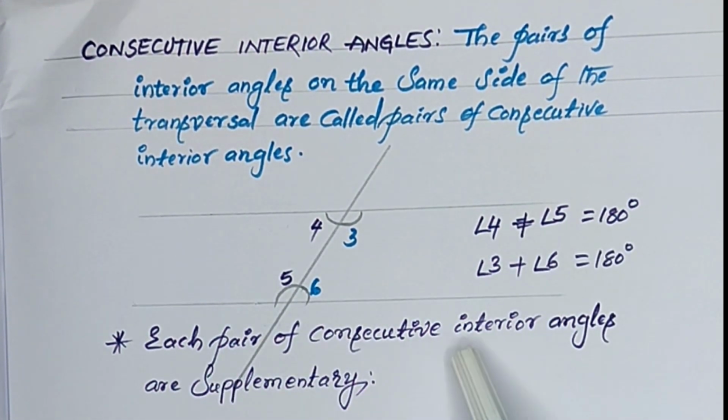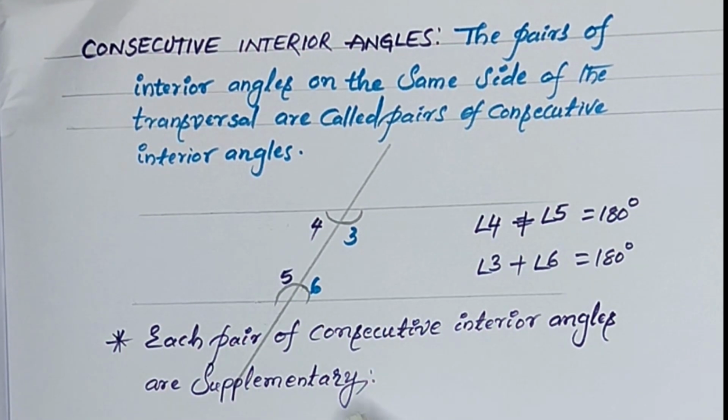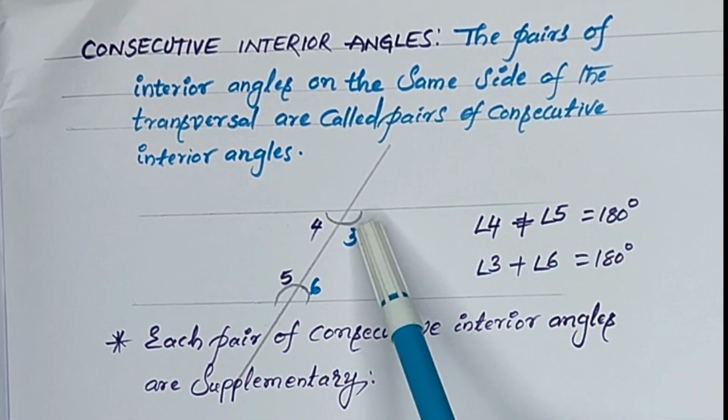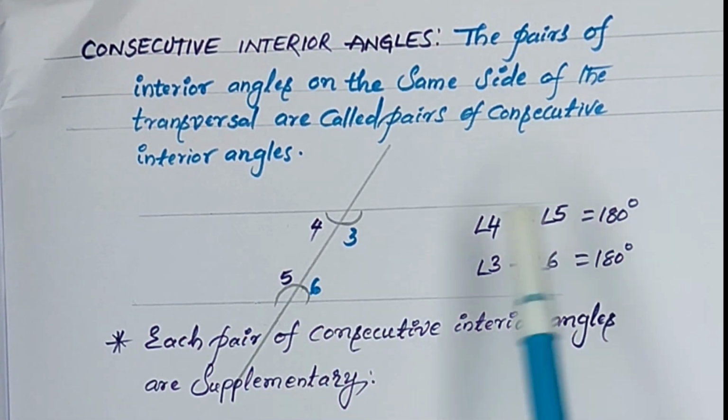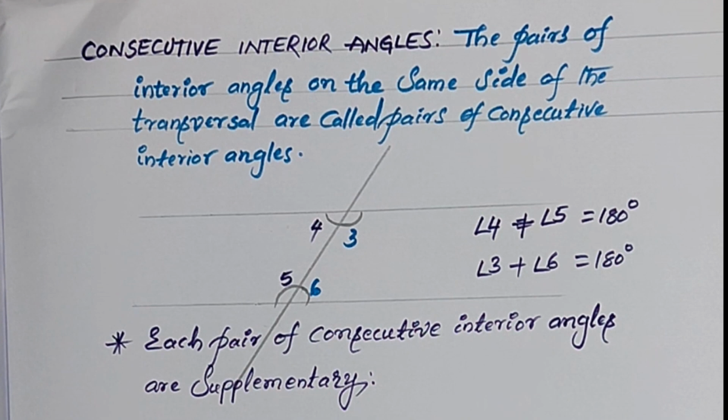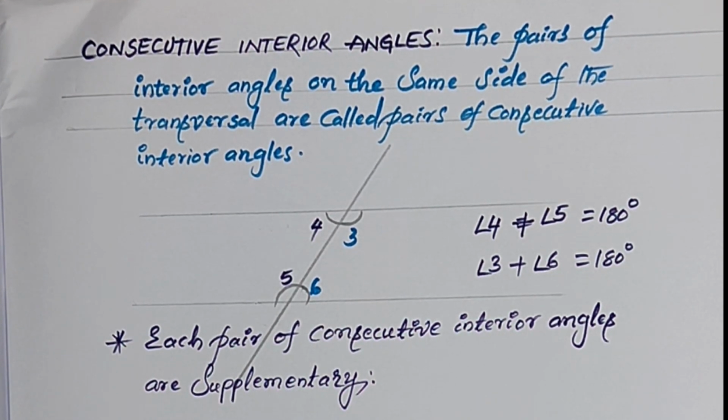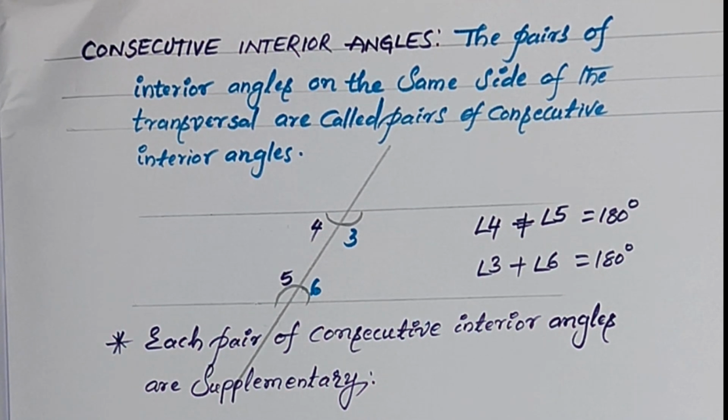Each pair of consecutive interior angles is supplementary, 180 degrees, and angle 3 plus angle 6 is equal to 180 degrees. These are consecutive interior angles, corresponding angles and alternate interior angles.